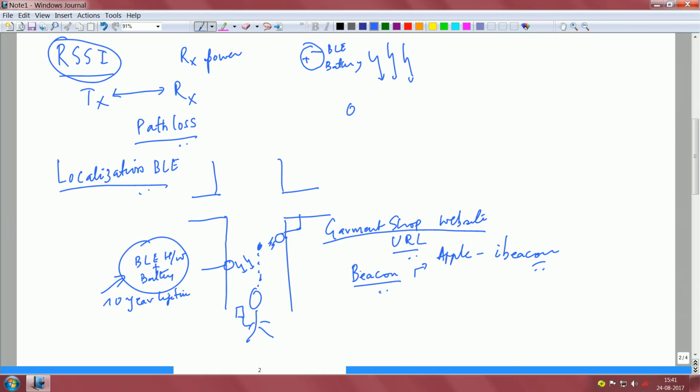It is the same hardware that you can buy from any vendor, only the BLE frame format follows a particular structure, and that structure is understood by many applications which you can download from the Apple Store, and which will tell you a few things about where you are, what you are doing, and so forth. That was the iBeacon technology.